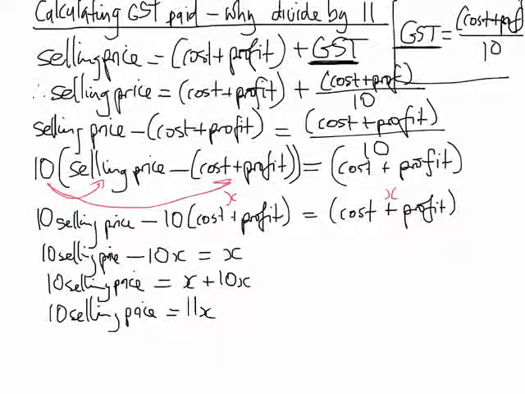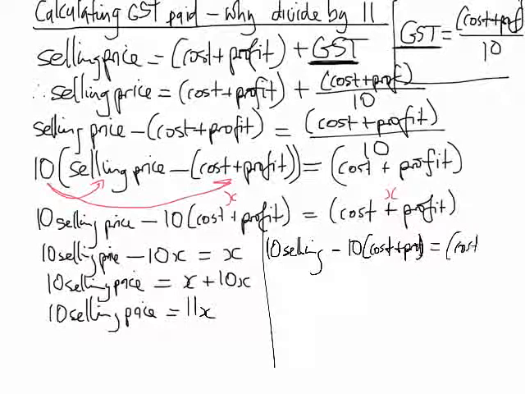Now if you're confused by where the x comes from, remember I just replaced cost plus profit and represented it as an x just to make it easy to write, but you could have just as easily written it as 10 selling, take 10 cost and profit, I'm shortening the words because it's not going to fit, equals cost and profit.